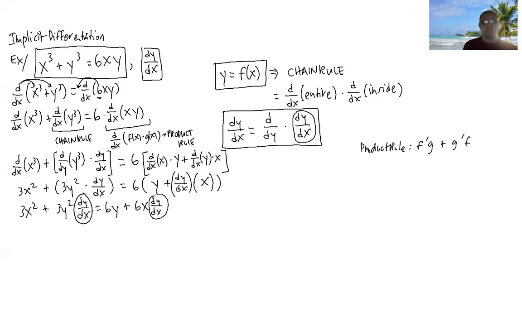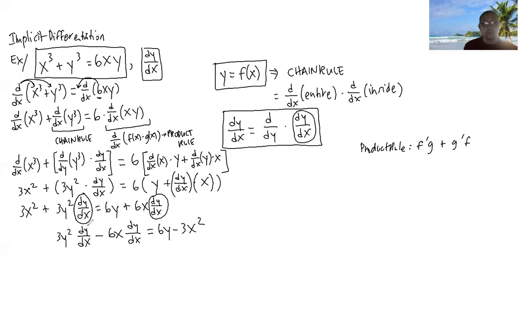Now let's simplify for our term of interest, right? Dy over dx. So let's just shuffle stuff around. So 3y squared dy dx. We're going to subtract 3x squared from each side, and we are going to subtract 6x dy dx from each side. So let's move this to the left, minus 6x dy dx is equal to 6y. Now let's move this to the right, minus 3x squared.